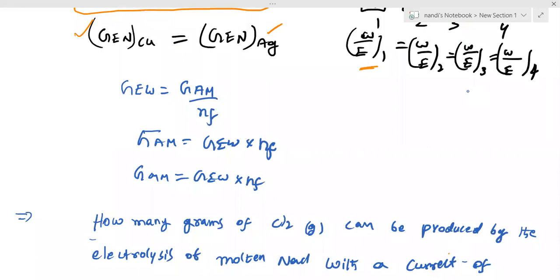This n factor is nothing but the Faraday. For the n factor, you can go and check the previous classes or see the classes channel. Both you can get explained. Check it if you need it, for how to calculate the n factor for different substances.